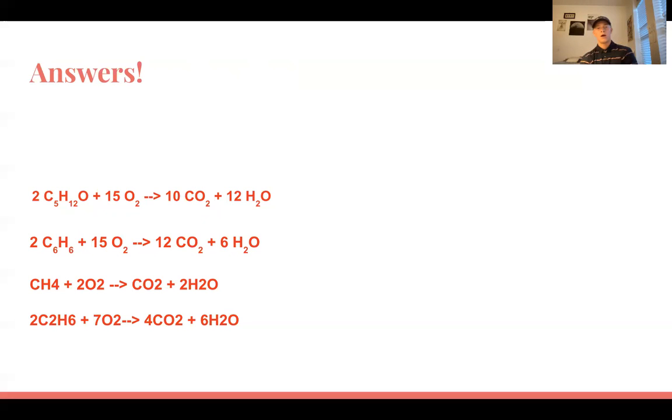So for carbon, we have 5 on the left side, for the reactants, and we want to get that number on the right side.